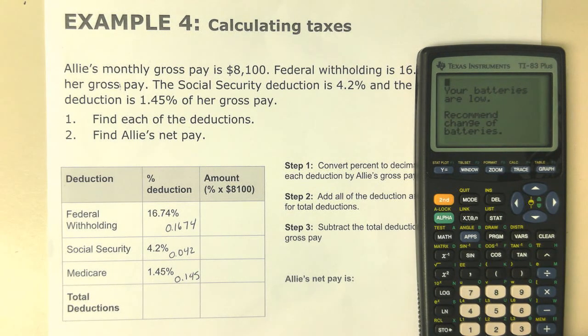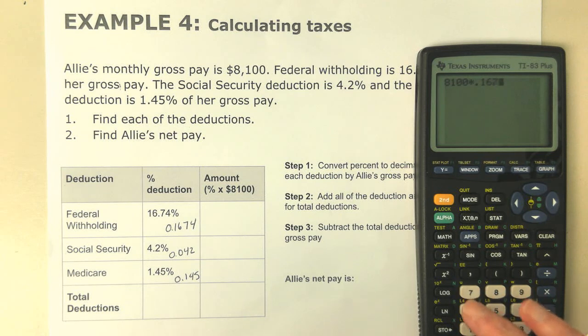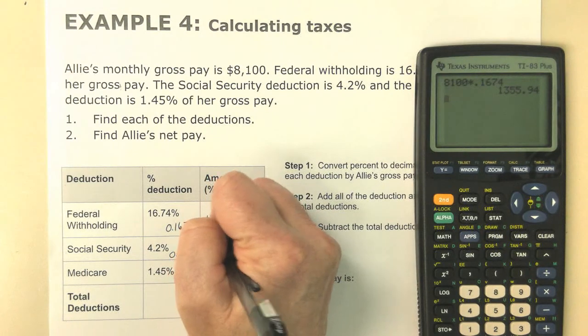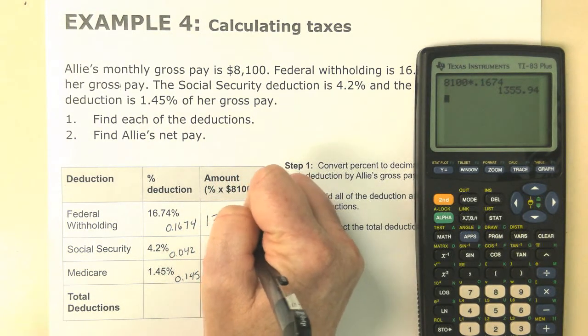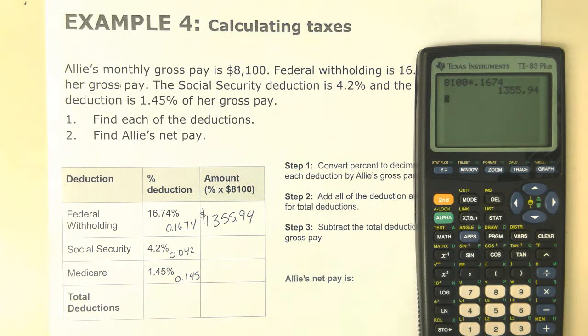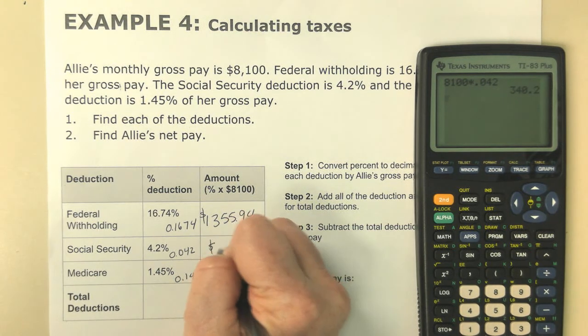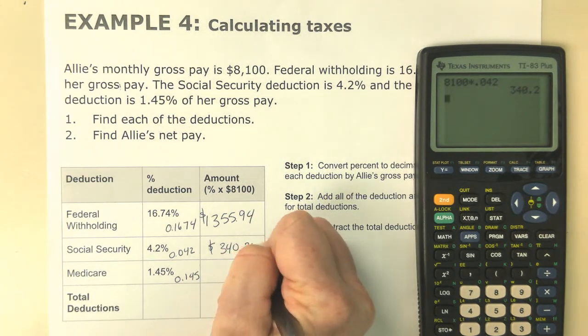Now we are going to multiply 8,100 by those decimals. So let's do the first one, 8100 times 0.1674, and that is $1,355.94. Clear? Let's do the same, 8100 times 0.042, and that is going to be $340.20.